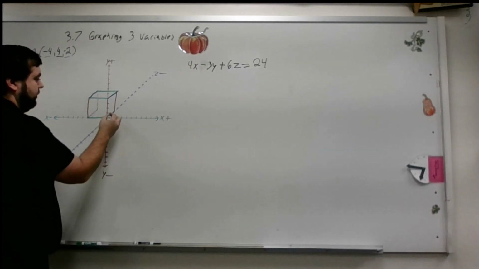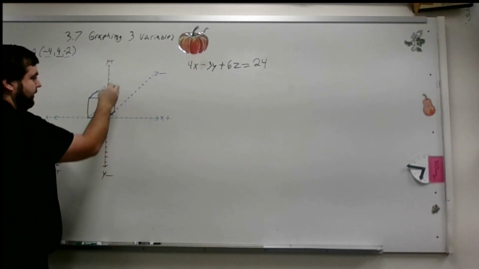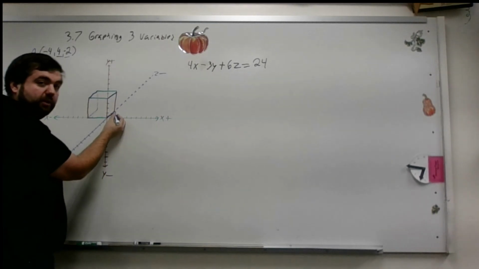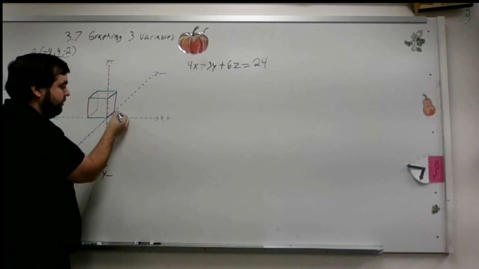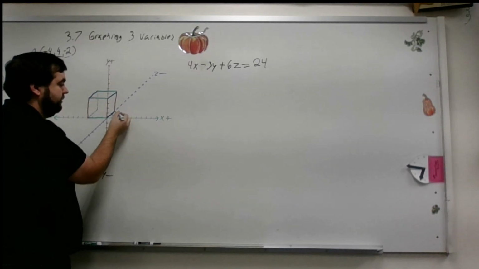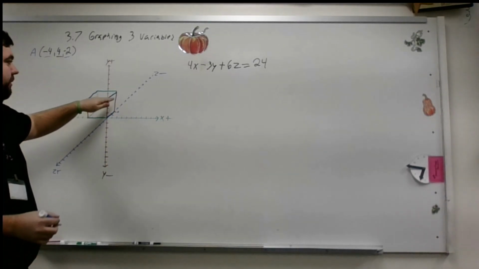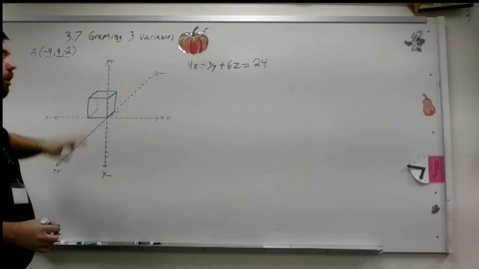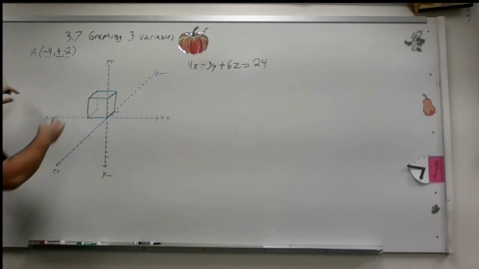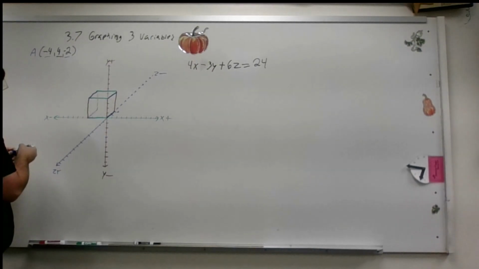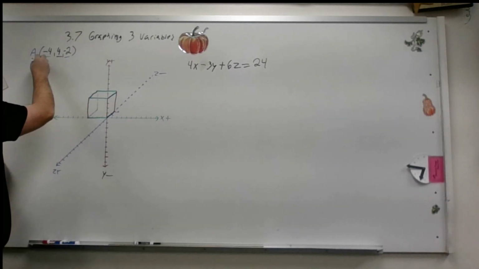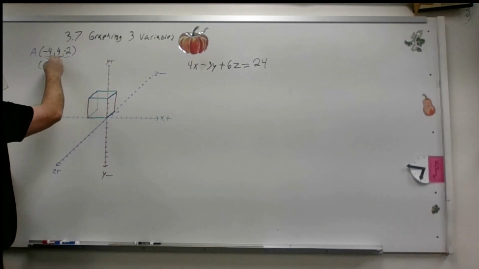You can also see how that cube intersected with z negative 2. We can see the backside of our cube intersects with that. So all 4 points, if I were to make them intersections, are taken care of. They're all on that cube somewhere.